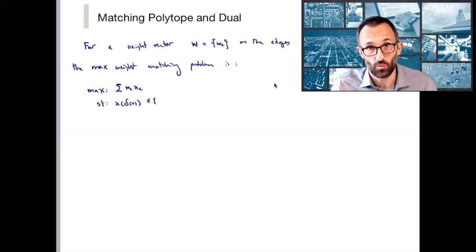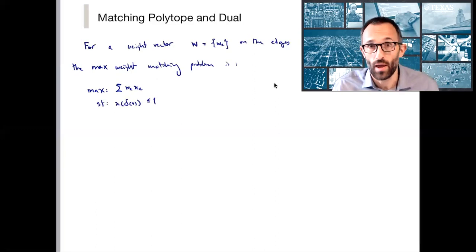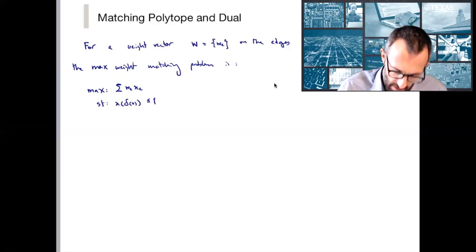If I set that equal to 1, I get a perfect matching polytope, which is therefore empty if none exists.